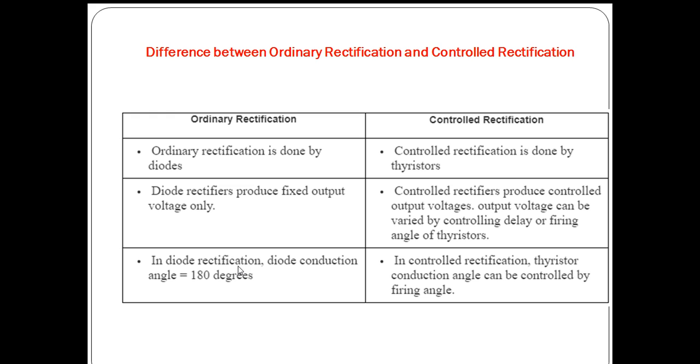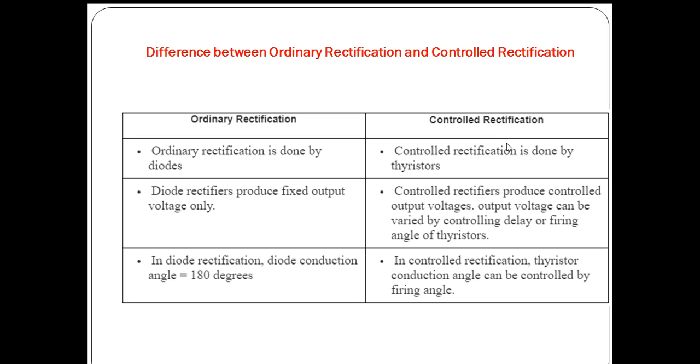In diode rectification, the diode conduction angle is 180 degrees. In controlled rectification, the thyristor conduction angle can be controlled by the firing angle. So the main difference between these two is that we have control over the instant of conduction, so we can vary the firing angle given to the thyristor.